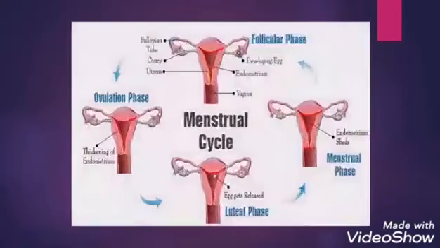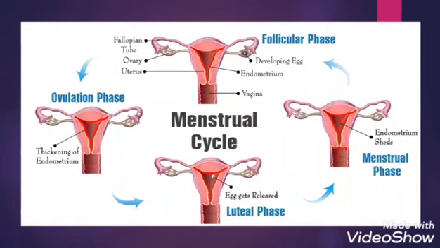Let us now go back to the previous diagram that I gave about the menstrual cycle. The menstrual cycle is divided into four important phases, namely the follicular phase, the ovulation phase, the luteal phase, and the menstrual phase. Let us recall or review how the hormonal control of the menstrual cycle happens.